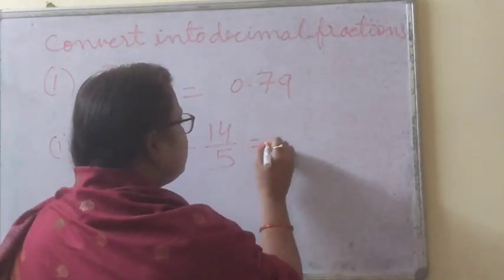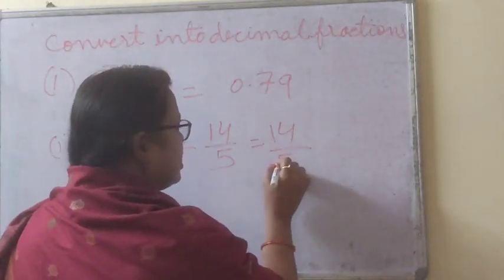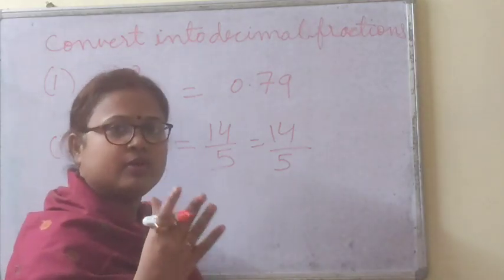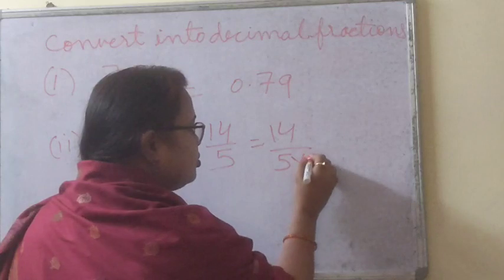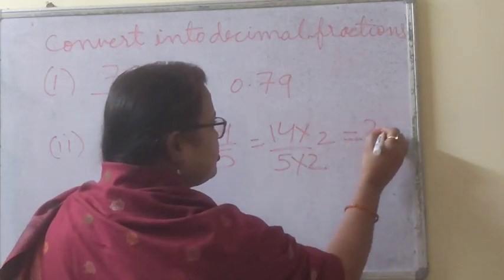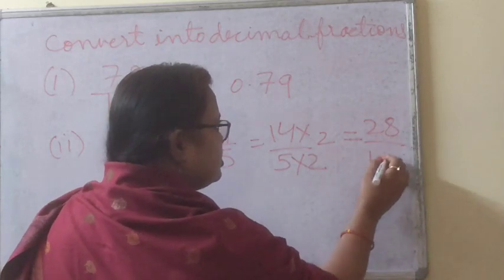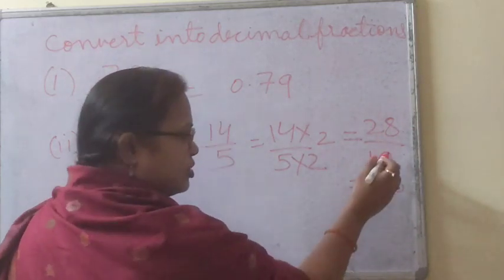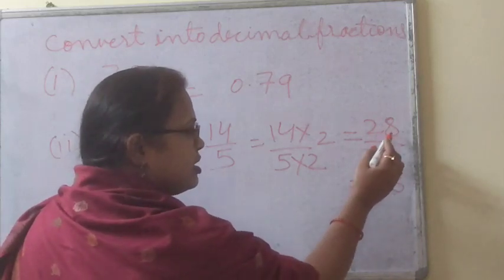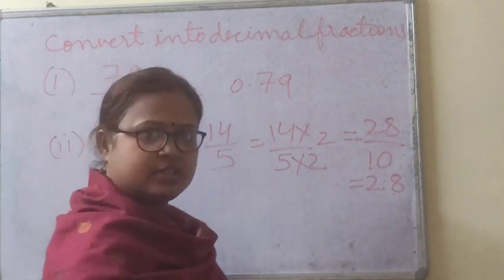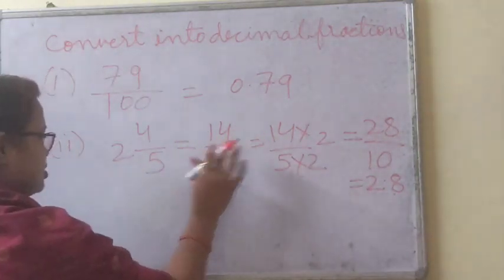So with which number we will multiply this 5 so that we get 10 or the power of 10? We'll multiply with 2, then here also we'll multiply with 2. And this is what? 28. And here is 10. And then the answer is what? 2.8. Because I have discussed just now, 1 0 is here, means decimal you will put after one digit. Okay. This is the first way.